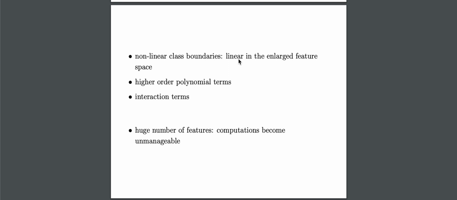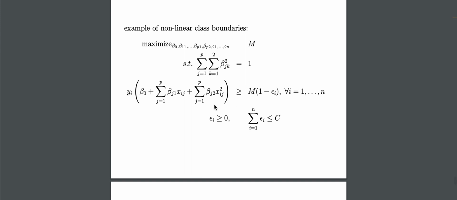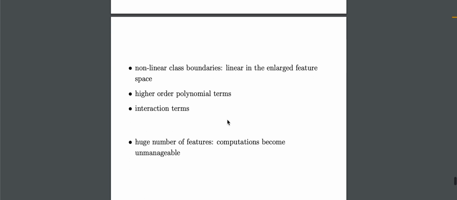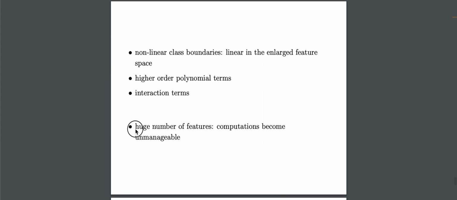So the big problem that we have here by enlarging the feature space, by adding nonlinearities or interactions to capture nonlinear decision boundaries, is that when the number of features increases, the computation becomes unmanageable.